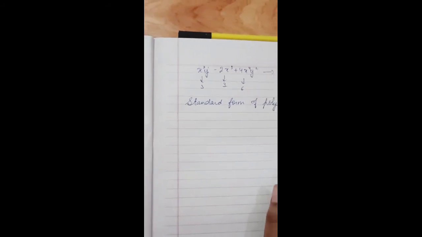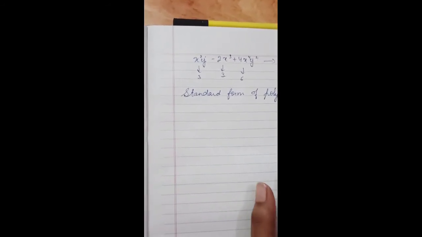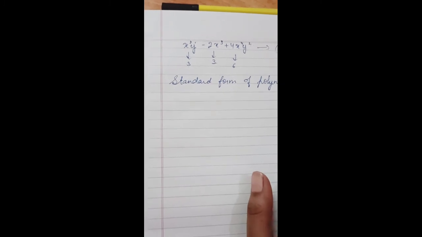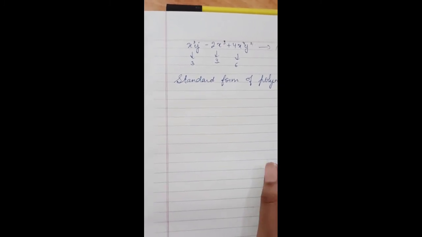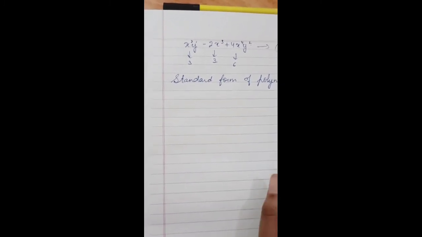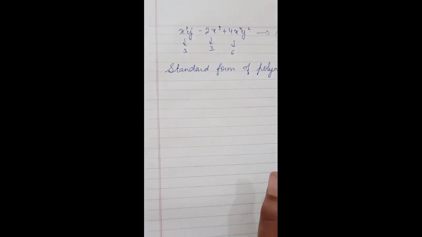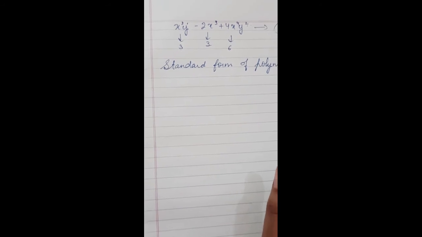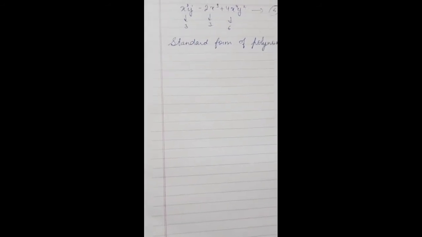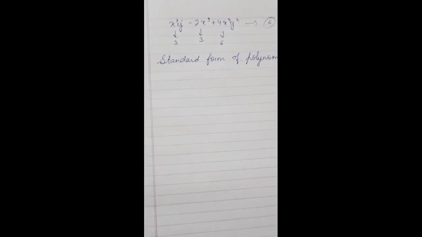The standard form of a polynomial that contains one variable is written with terms in order from greatest degree to least degree. When written in standard form, the coefficient of the first term is called the leading coefficient.